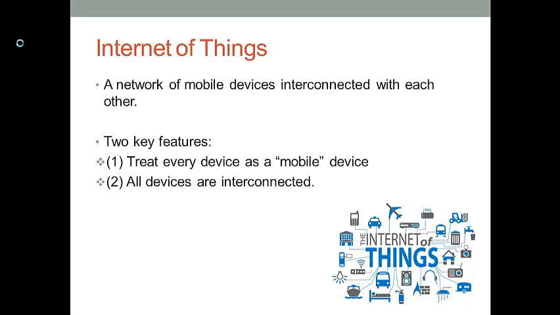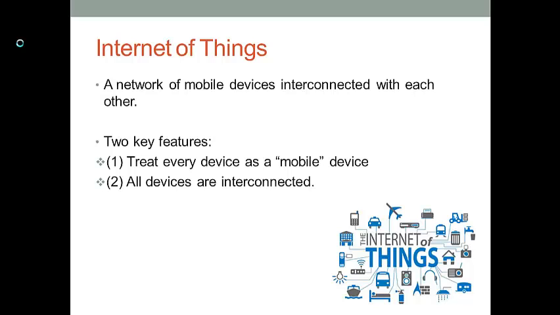First, in an IoT system, we treat every device as a "mobile" device. Here I use two double quotes to include the keyword mobile because mobile here has a broader coverage than the mobile phones, iPad, tablet PCs we are using every day. Here, every device in an IoT system will be treated as a mobile portable device.